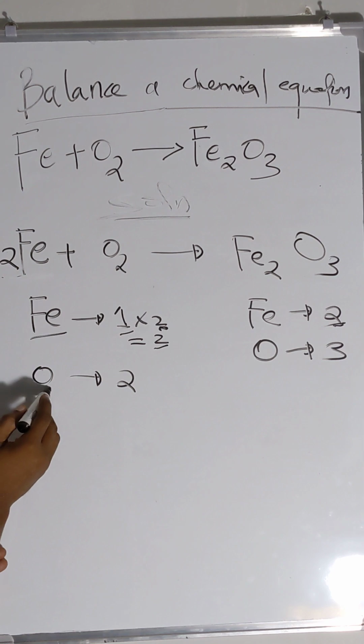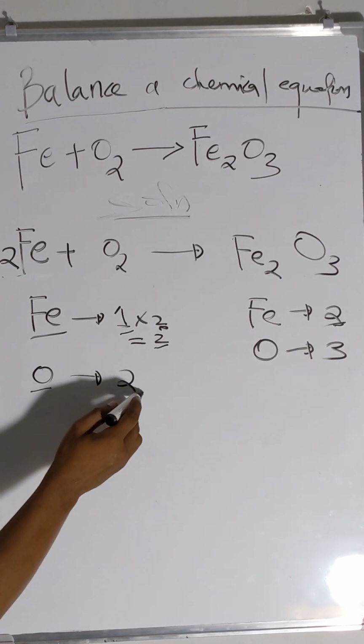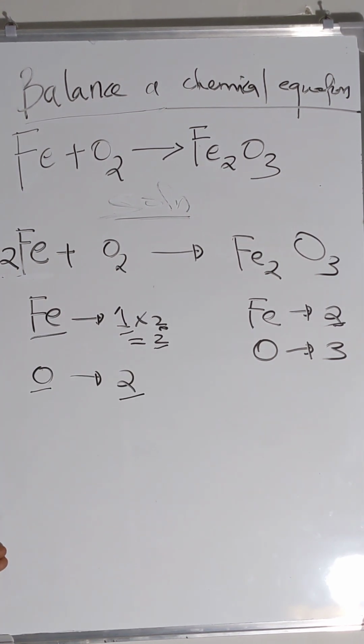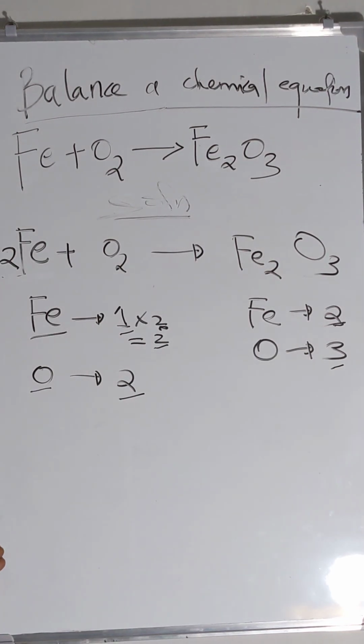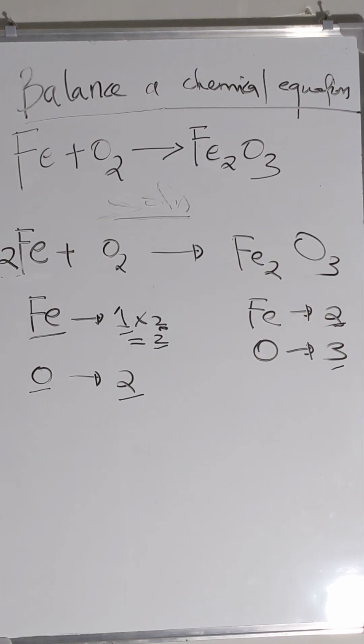Here we have number of oxygen on the left side is 2, but on this side is 3. So how are we going to make that happen? Now what do we say?